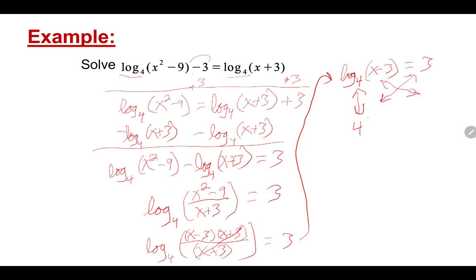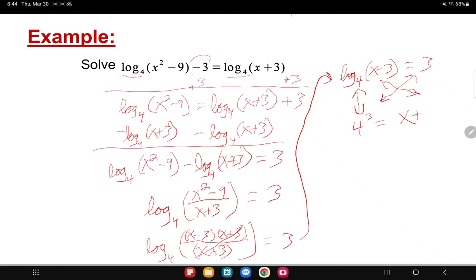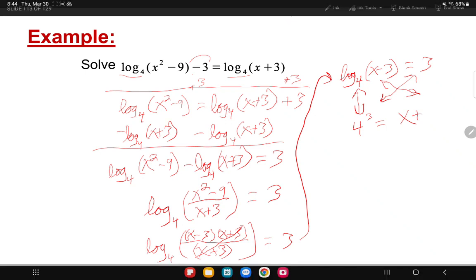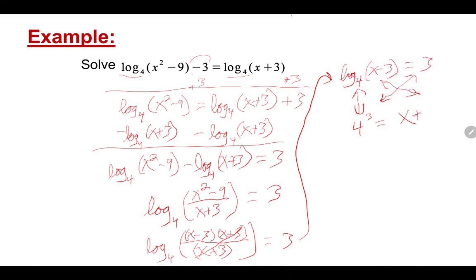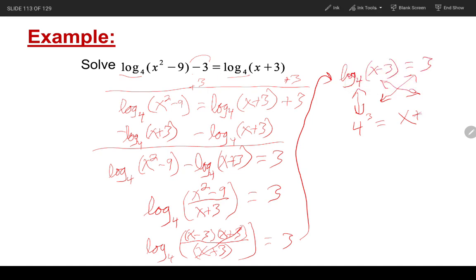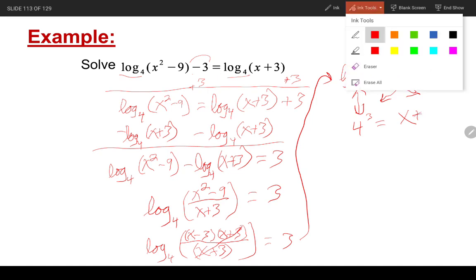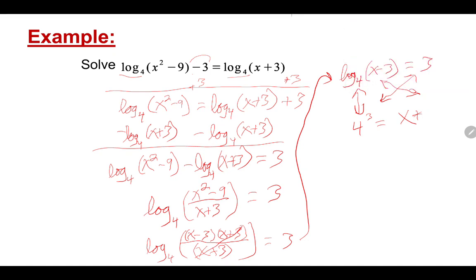So this becomes 4 to the 3rd power is equal to x plus, nope, that's not right. I'm going to try to fix that. Eraser, good.